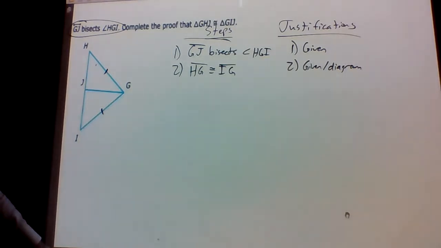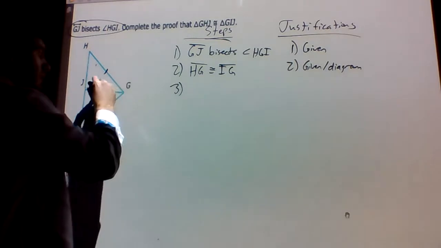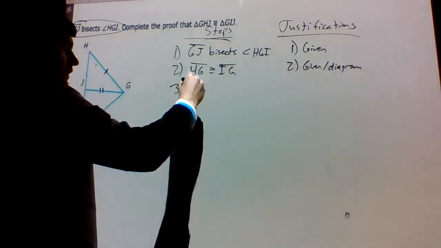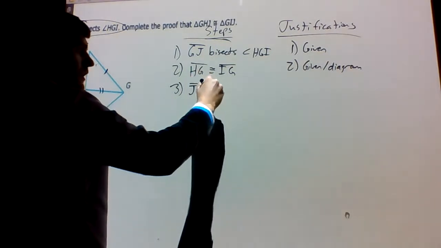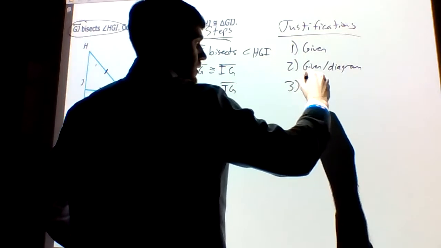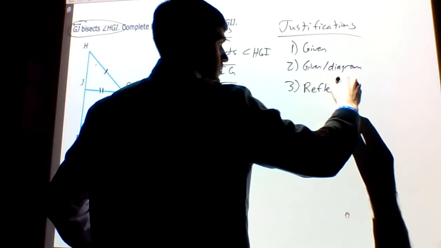So step 1 in the process, write the givens. We've done that. Step 2 in the process, look for shared sides or vertical angles. We have a shared side. Both triangles share the side JG. So JG is congruent to JG. This is our reflexive property of congruence.